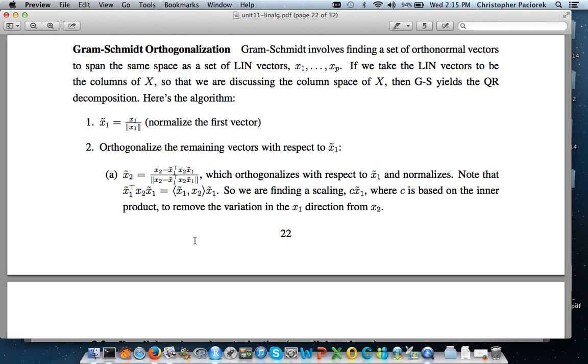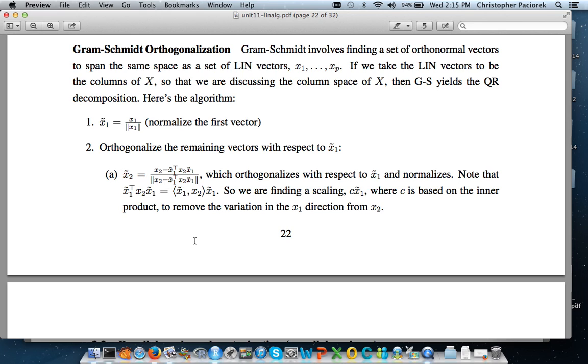We can do that by projecting x2 down onto x1. And since x1 is already a unit length vector, that's just going to be the inner product of x2 and the new x1. So this is now going to be some coefficient c1 that if we multiply by x1 will give us the portion of x2 that's in the x1 direction.